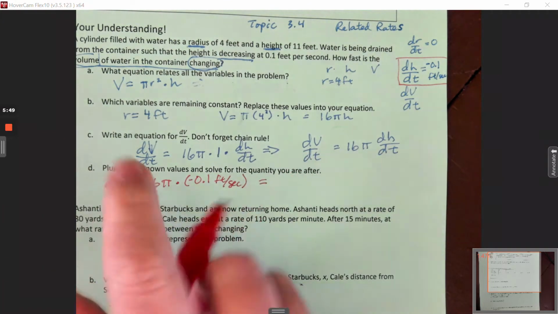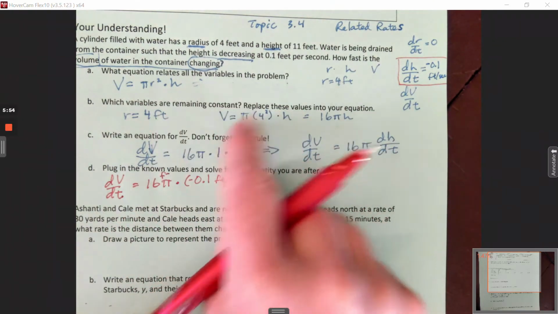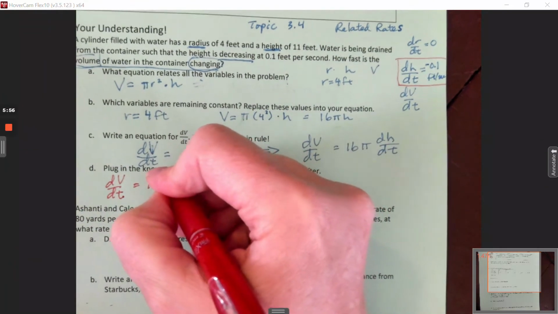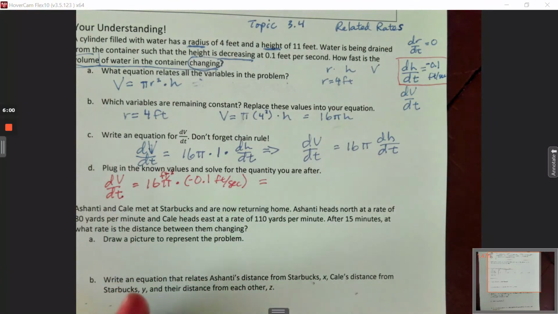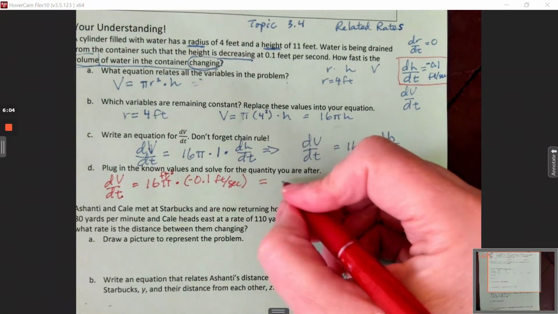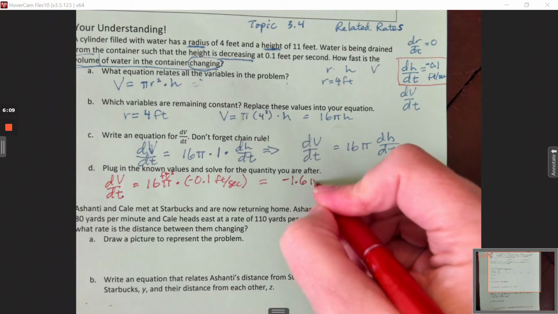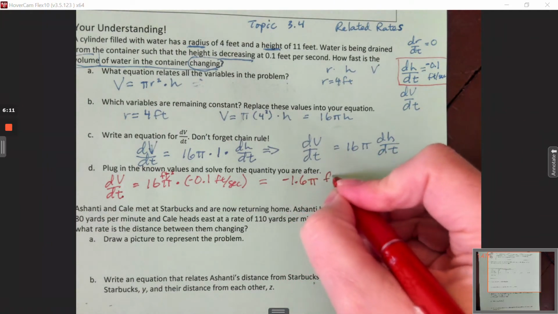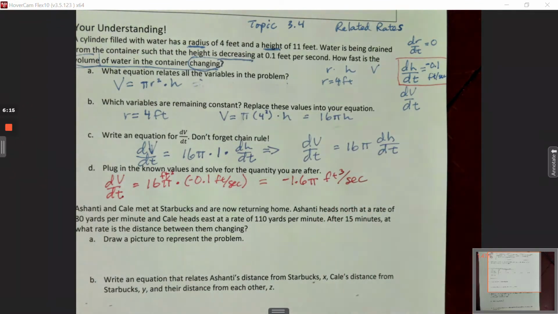Now remember, this was feet squared, which I left out. Feet times feet, that's feet squared. The reason I bring the units back in is because if you have the units, then you know if you did it right. Volume should be units cubed per time measurement. And so this one turns out to be negative 1.6 pi feet cubed per second, in case you don't believe me.